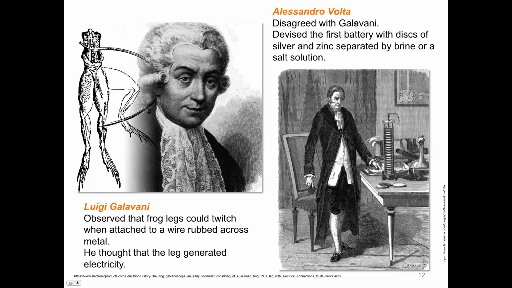And here you can sort of see just a bit of the history. Obviously we're taking this completely out of context, but we can look at some of the observations. And so Galvani, and this is really bizarre. I have no idea why he took a frog's leg and attached a wire and rubbed it across a metal.